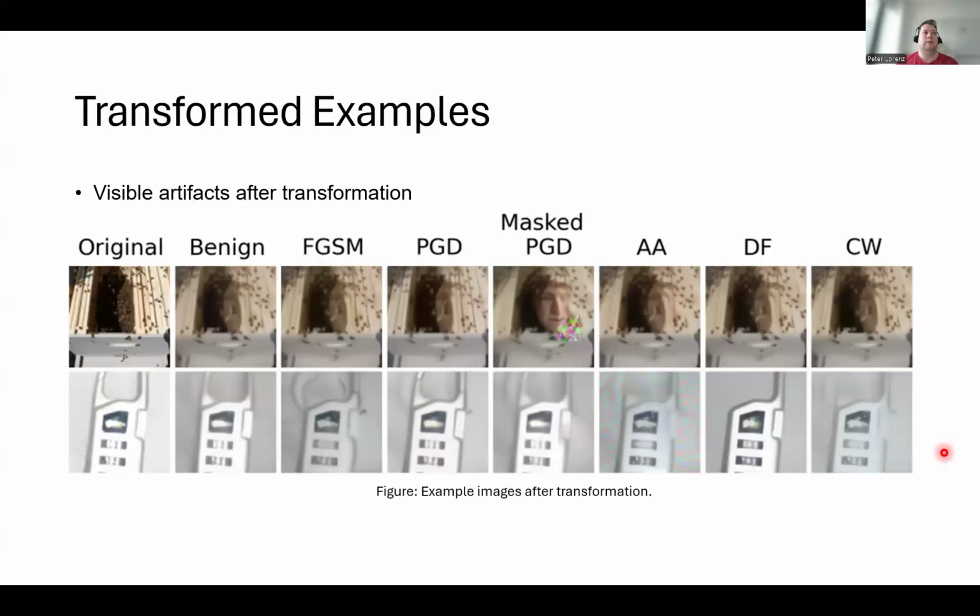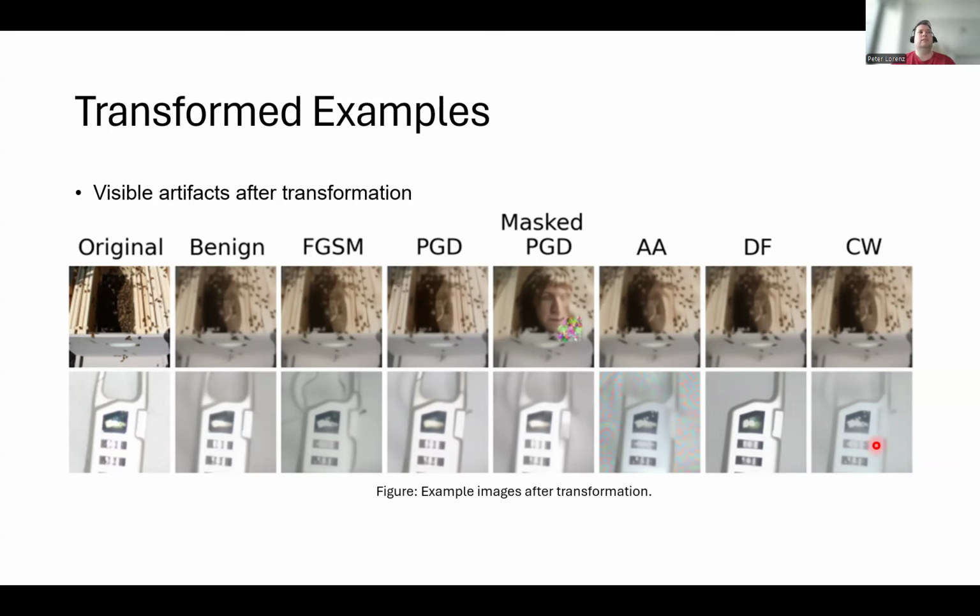Here are some transformed examples. In the first column, you can see the original image. In the second column, the benign, and in the rest, the adversarial attacks, usually global attacks, except the masked PGD, which attacks just one part of the image.